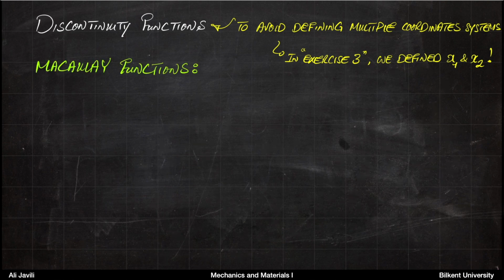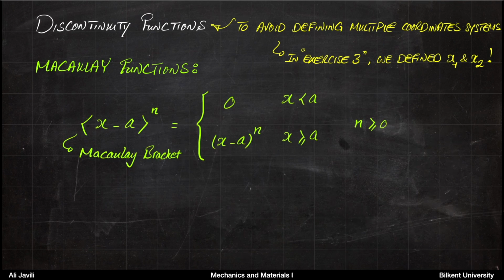So the first type of discontinuity functions that we want to talk about is the so-called Macaulay functions. And the Macaulay functions are defined as such. And these brackets are also sometimes referred to as Macaulay brackets.